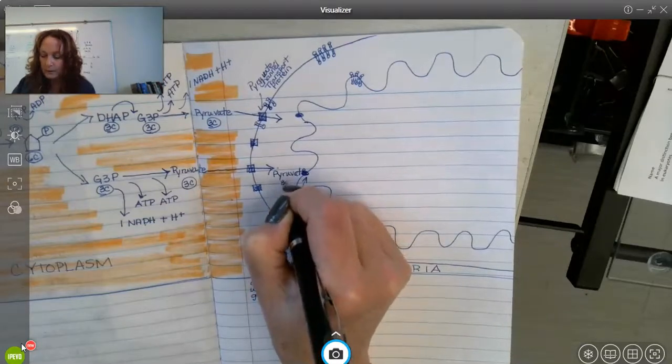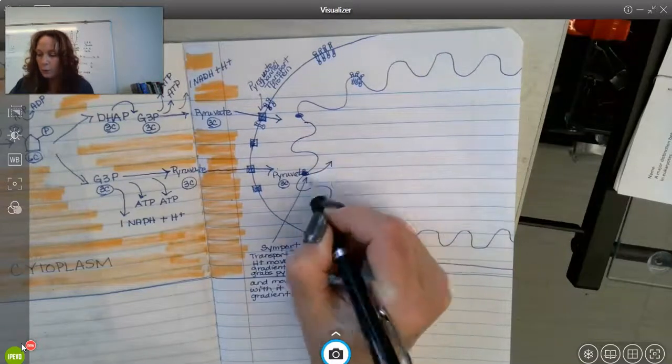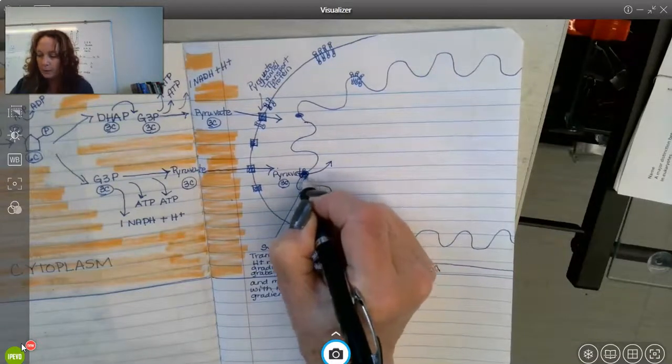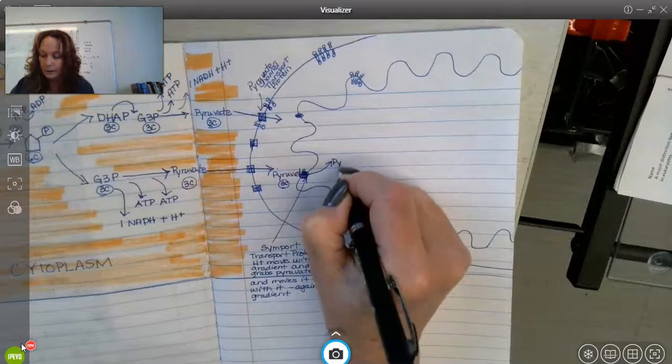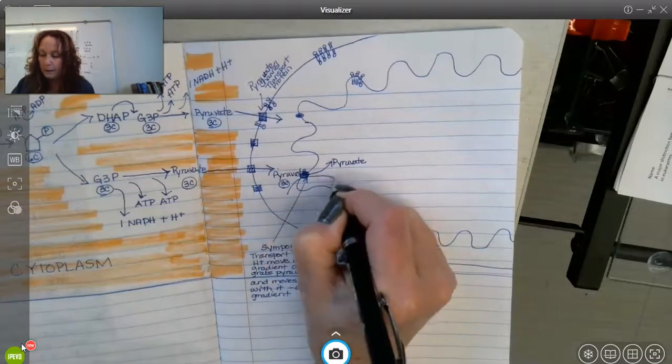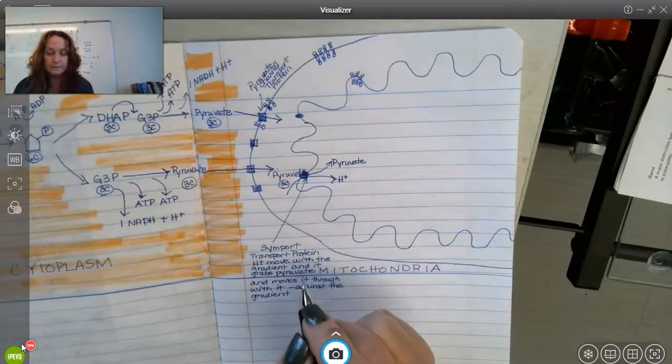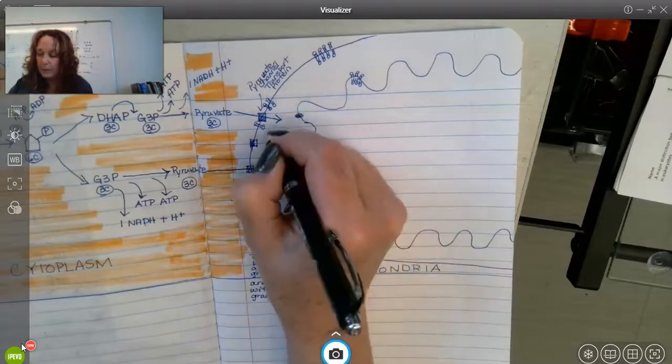I'll remind myself it's 3 carbons. It's going to come through this transport protein. So pyruvate comes in. It is brought in with a hydrogen ion. So I'll do the same thing here.